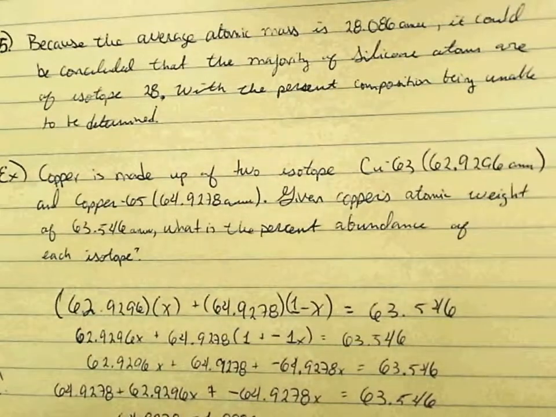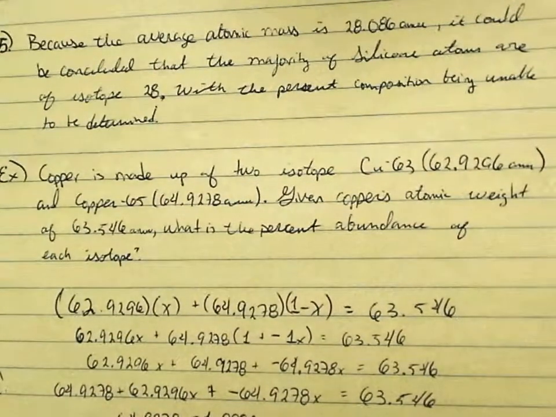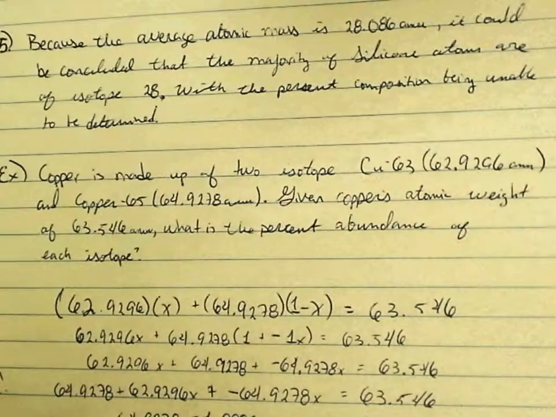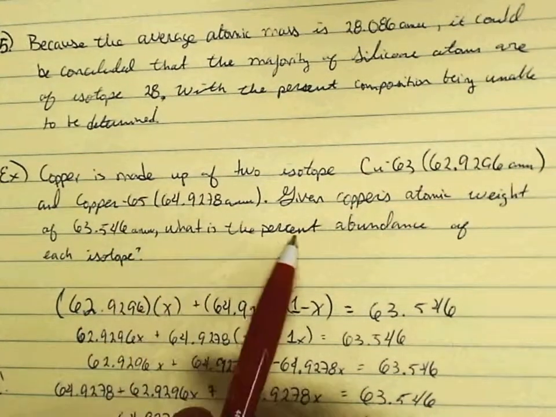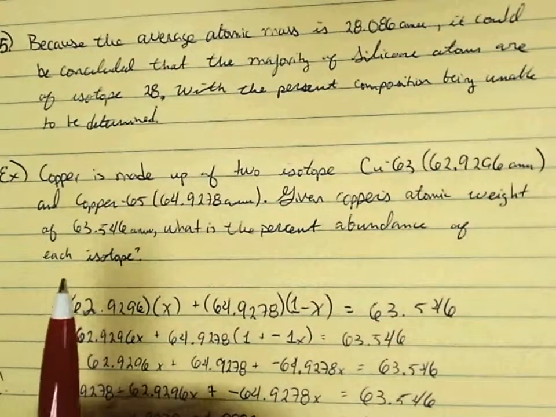Copper 63, which actually has a mass of 62.9296 atomic mass units, and copper 65, which has an atomic mass unit of 64.9278. Given copper's atomic weight of 63.546 atomic mass units, what is the percent abundance of each isotope?